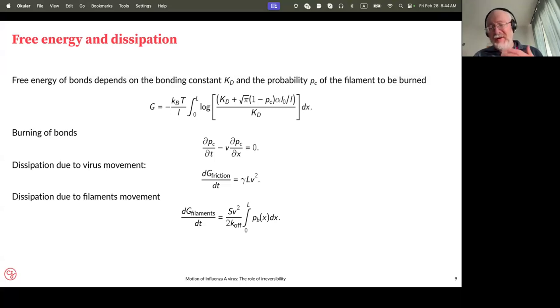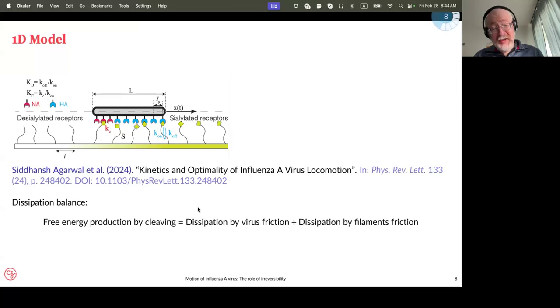You can calculate the friction of the virus, which is just a simple hydrodynamic thing. You have something which is proportional to the square of the velocity. And it's a little bit more involved, but possible to calculate the probability, the friction by filaments. You put this into an equation like this, and this is a closed form equation for velocity, and you can calculate the velocity of the virus.